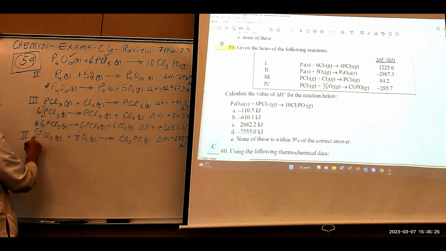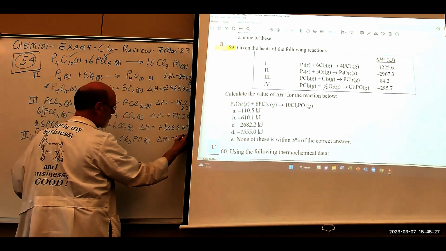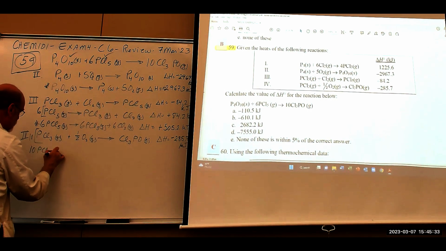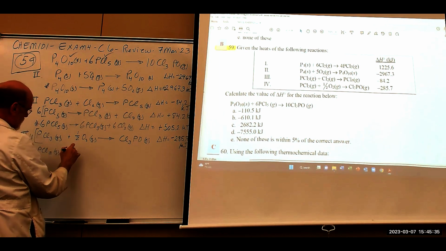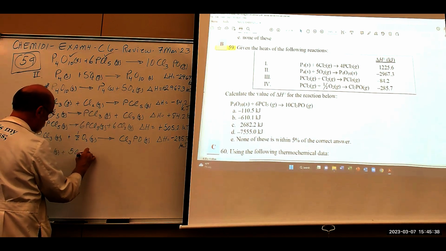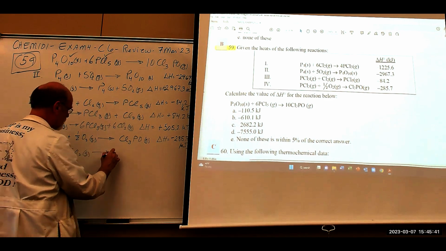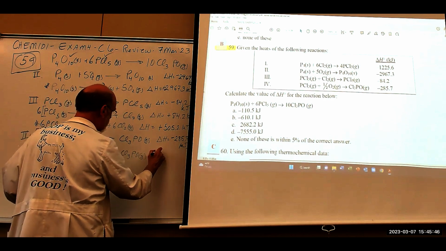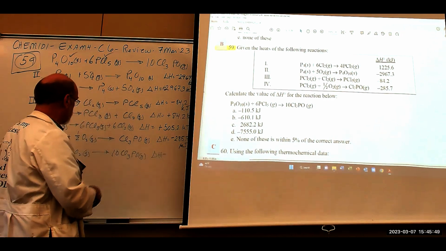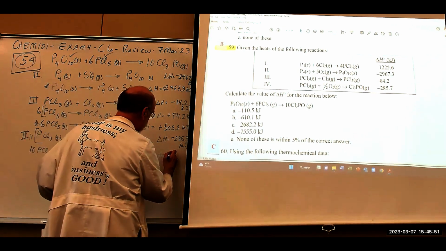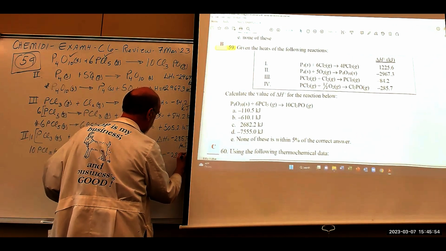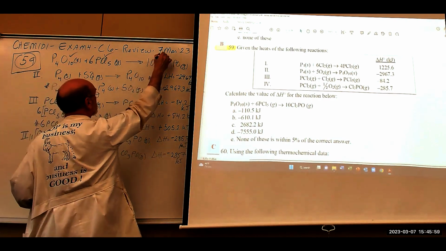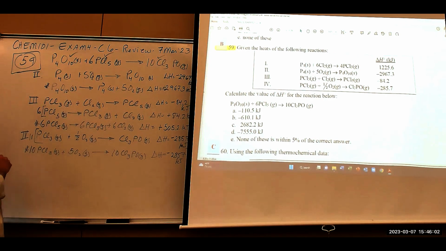So we've got to multiply this whole thing through by 10. That gives us 10 PCl3 plus half of 10, which is 5 O2, and then 10 Cl3PO. There we go. And the delta H for the reaction now is 10 times that, which is negative 2857 kilojoules.